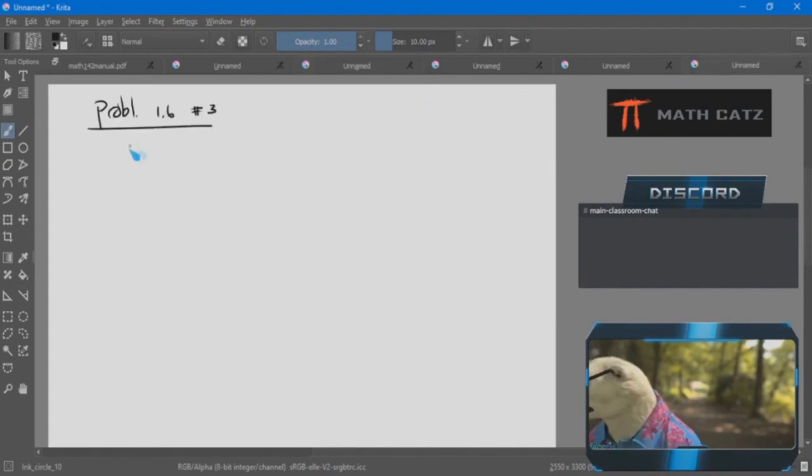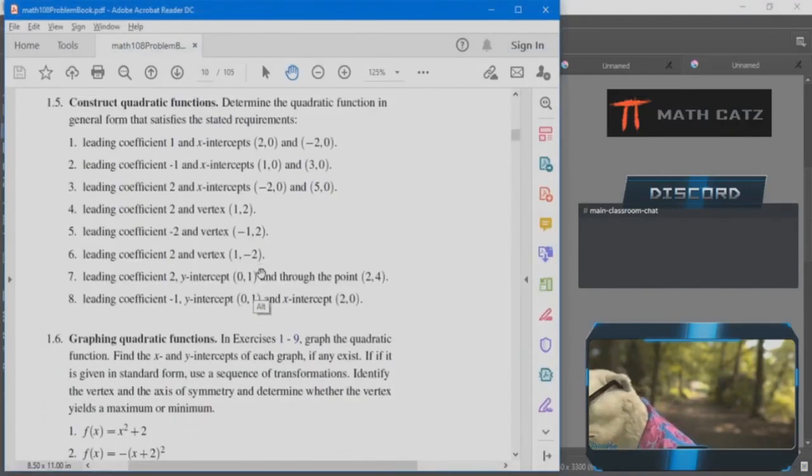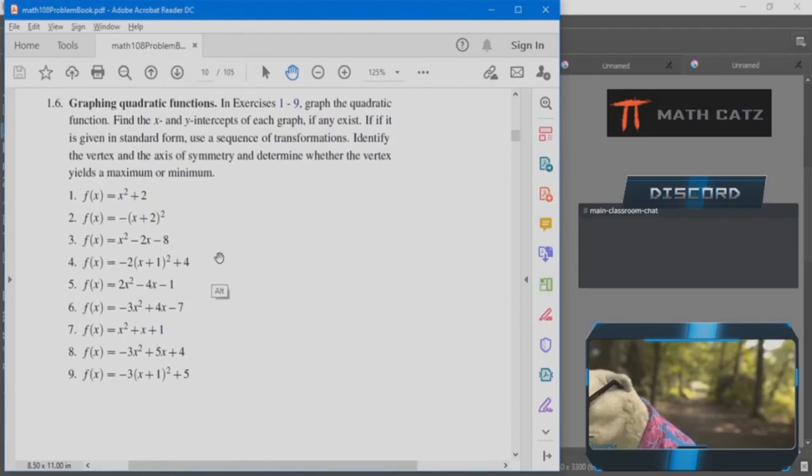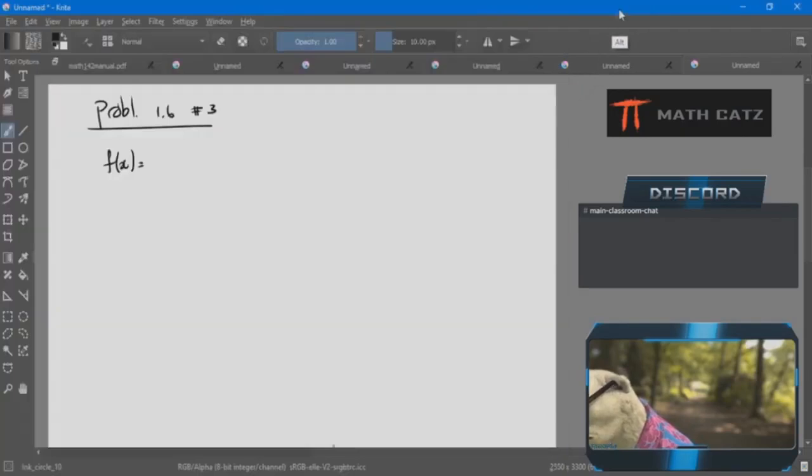But if it's presented as, what is it presented as? Let's go look. Number 3, x squared minus 2x minus 8. Before we can have all those nice function graph transformations to figure out what's happening to this, I need to make it look appropriate.